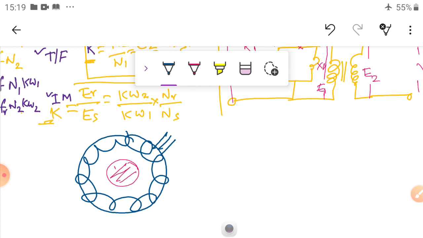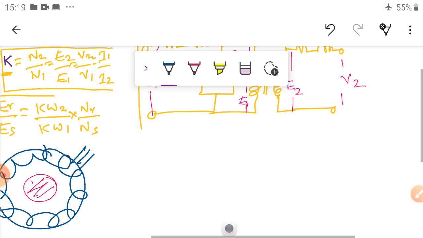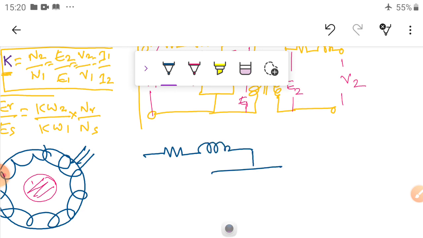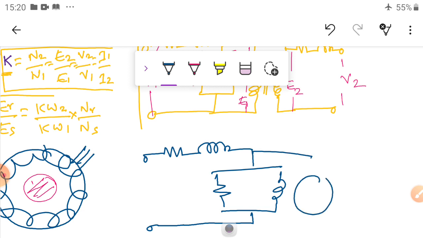Based on this, the stator winding is also a winding. It has some resistance, some inductance, and some magnetizing components, and they are connected to our primary side.